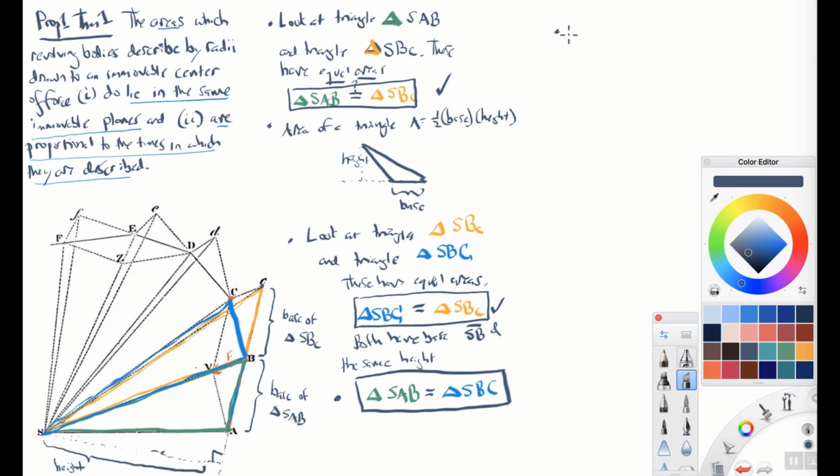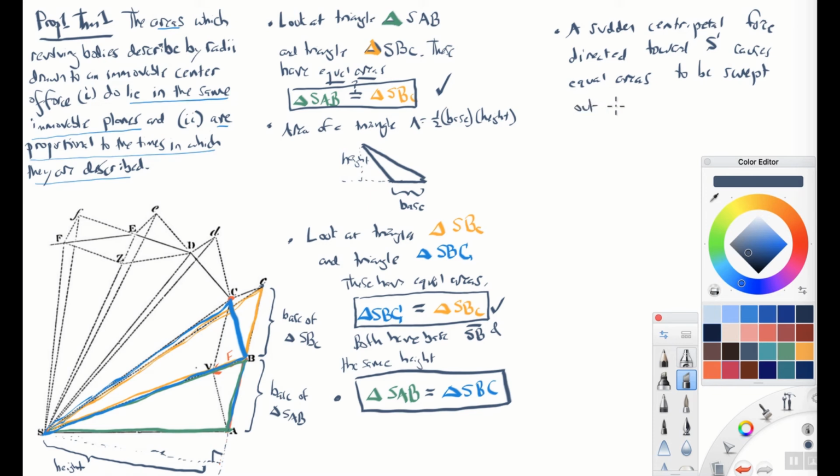In other words, a sudden centripetal force directed toward point S causes equal areas to be swept out in equal time intervals. That's the point that is being made right here.